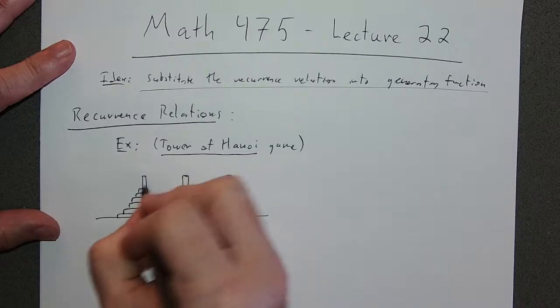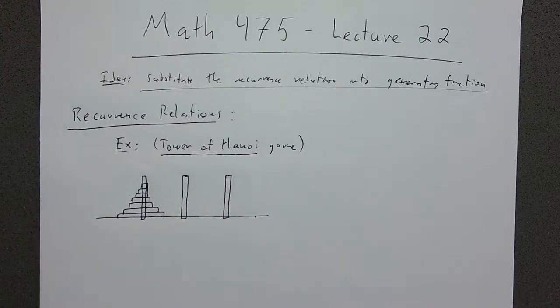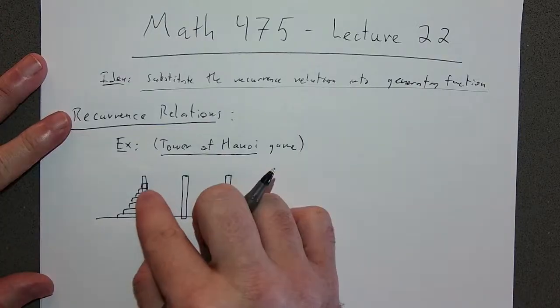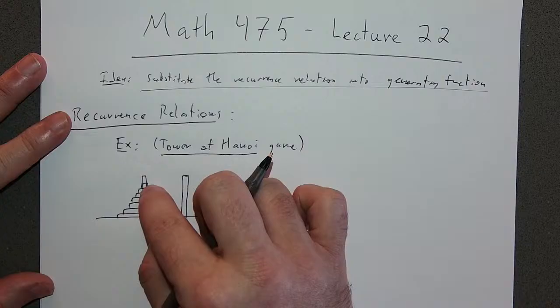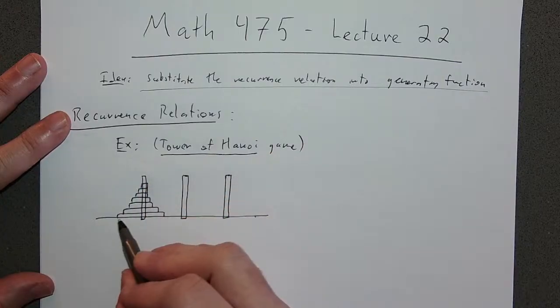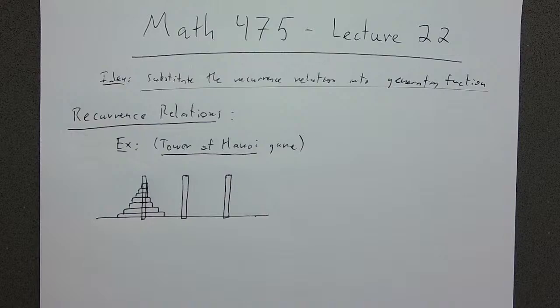It's fine. You get the idea here. Each of these pieces has a differing radius: here's the smallest, here's the next smallest, and so on, all the way to the piece with the largest radius. These are flat circular discs that have holes in the middle so that they can be slid down these poles.